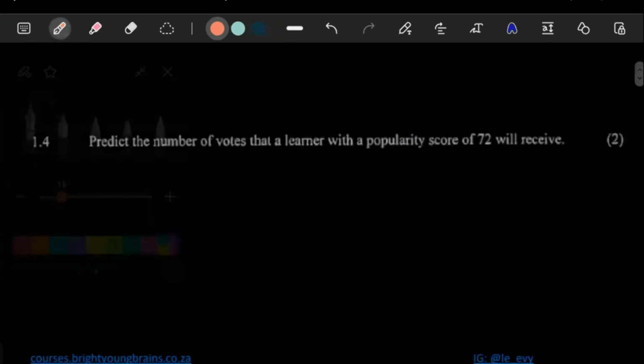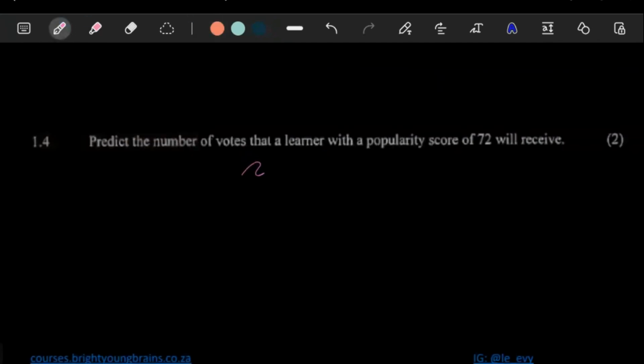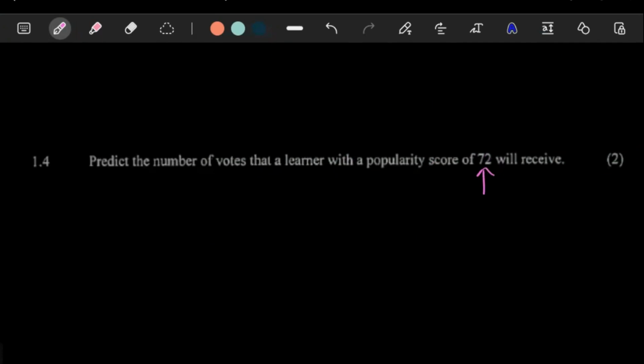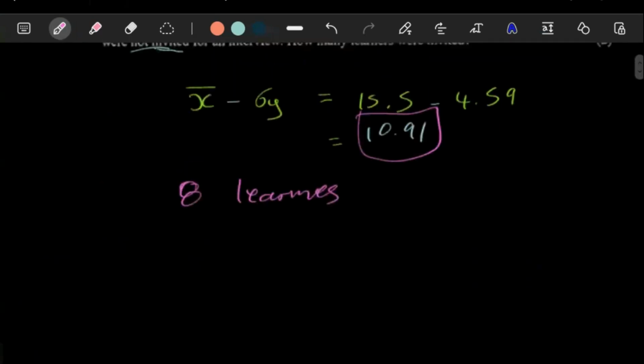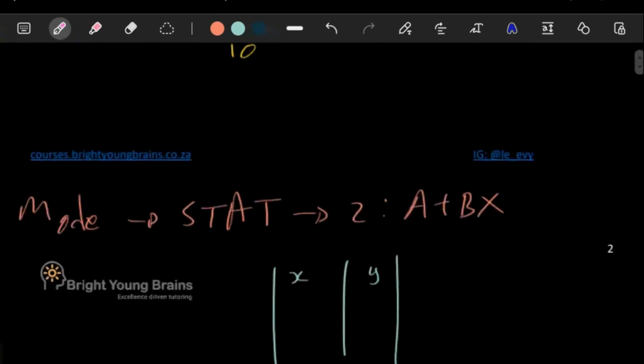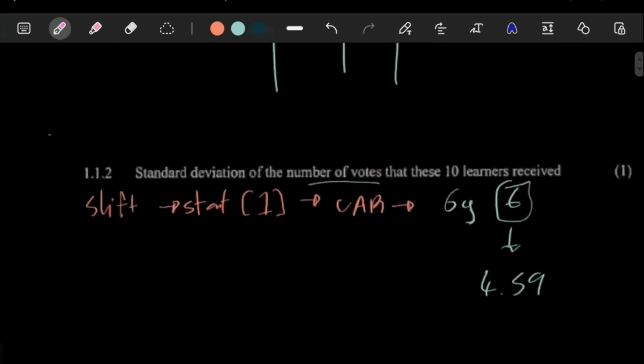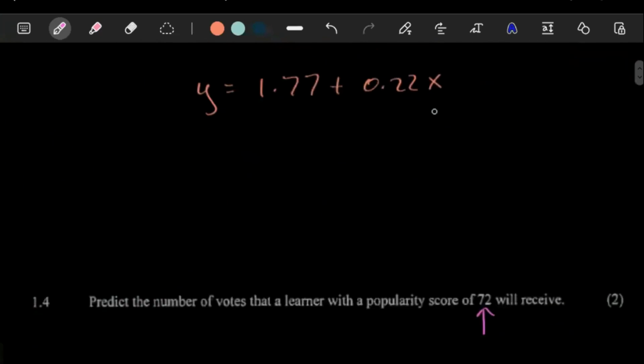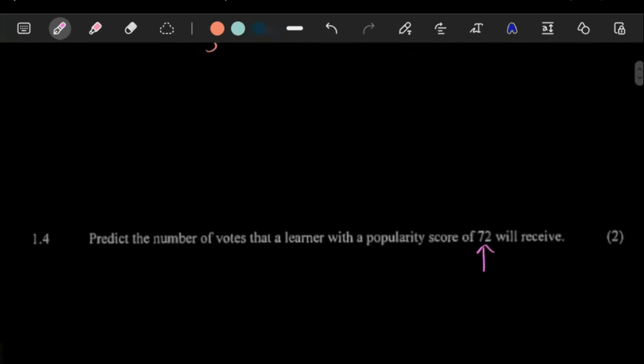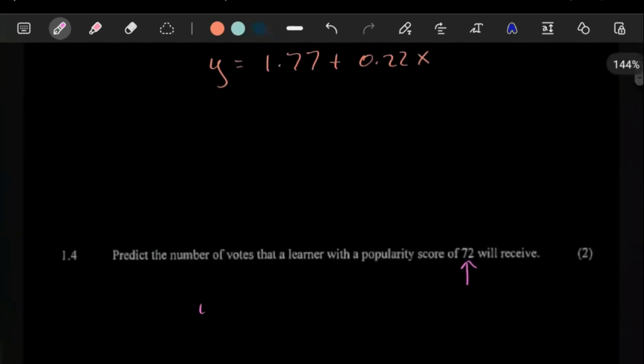For 2 marks here, they're saying predict the number of votes that a learner with a popularity of 72 will receive. So remember, if you're given a value for the popularity, it means you're getting a value of x. Meaning in your equation of the least squares regression line, you have a value of x and you need to get a value of y. So your y here is 1.77 plus 0.22 times the x value, which is 72.